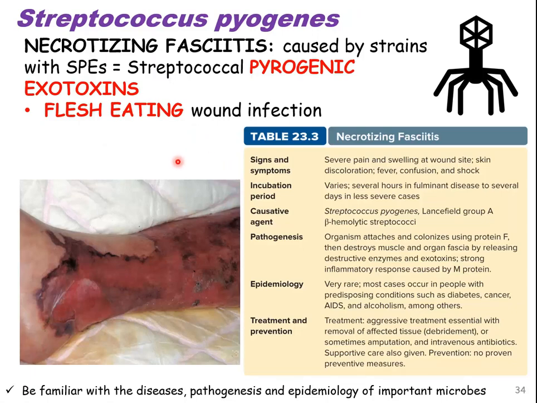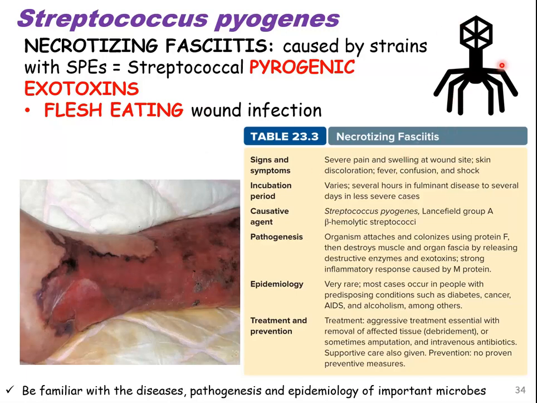Some strains of Streptococcus pyogenes, if they are causing a wound infection, make streptococcal pyrogenic exotoxins. So once again, we have that pyrogenic exotoxin, but this time it's in a wound, as a wound infection. And this is necrotizing, so it means death, necrosis. Fasciitis, so fascia, that connective tissue underneath the skin. And so this is a flesh-eating disease.